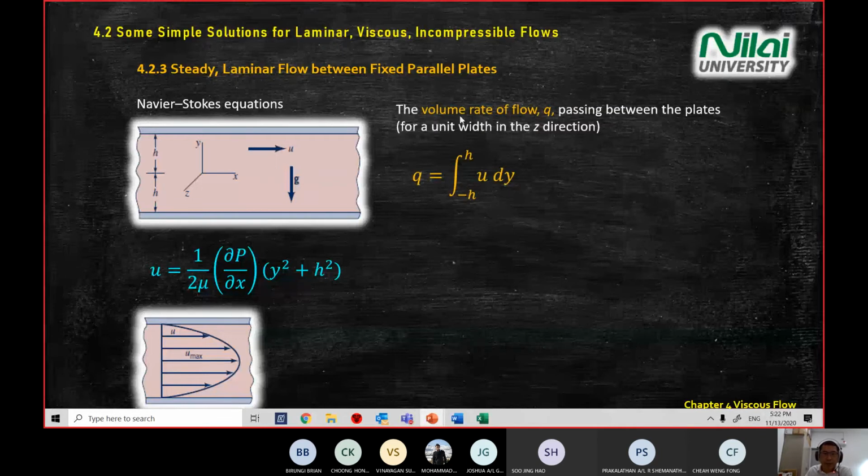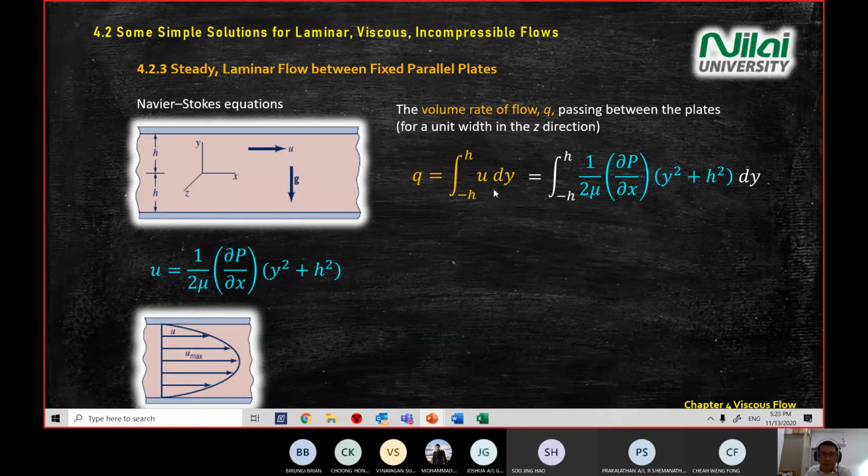And then the volume flow rate Q passing through the plates here is given by this integration relationship. Q equals the integration from negative h to h of u dy. You substitute what you have, your u just now, inside this equation.